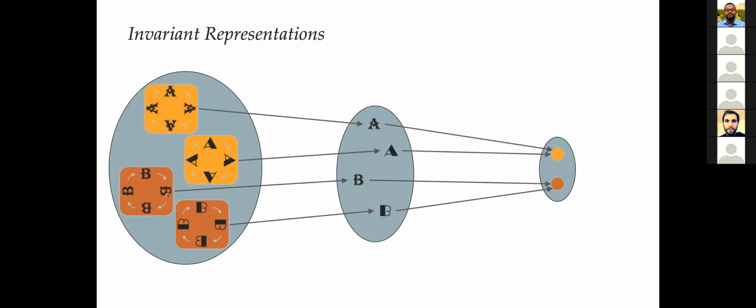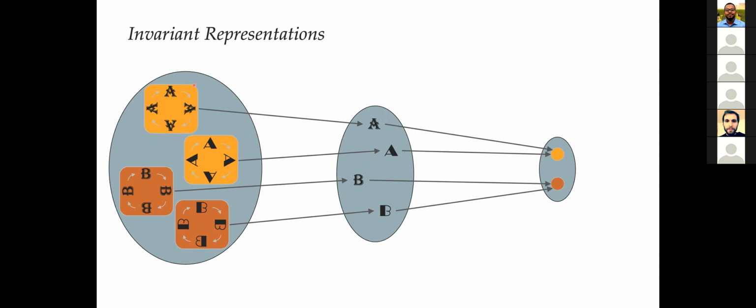We're going to talk about invariance and equivariance. So let's say we have a symmetry of the label function. Here we're trying to classify letters A and B. The letters might appear in different fonts and also different orientations. So we have our symmetry corresponding to rotations of the digits.